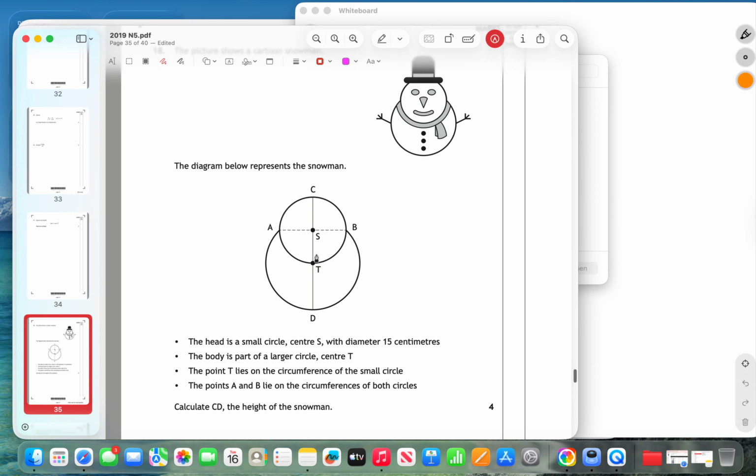So the head is a small circle, centre S, with diameter 15 centimetres. The body is part of the larger circle. The points A and B lie on the circumferences, and T is on the circumference of the small circle. I have to calculate CD, the height of the snowman.